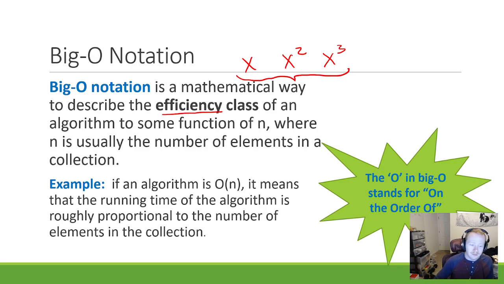So if an algorithm is big O of n, it means that the running time is proportional to the number of elements. If it was n squared, we're going to need whatever that quadratic number would amount to find.